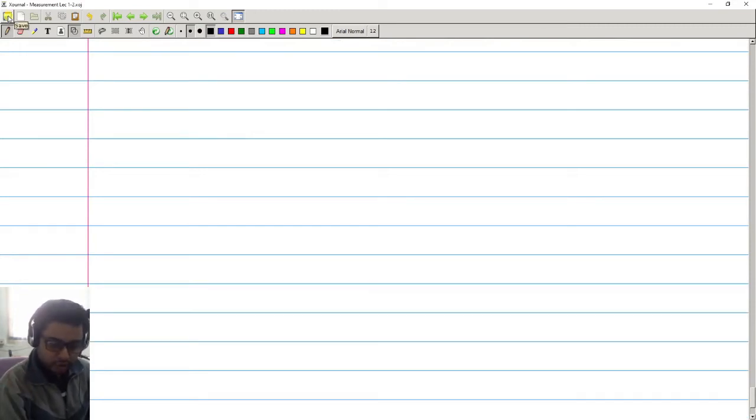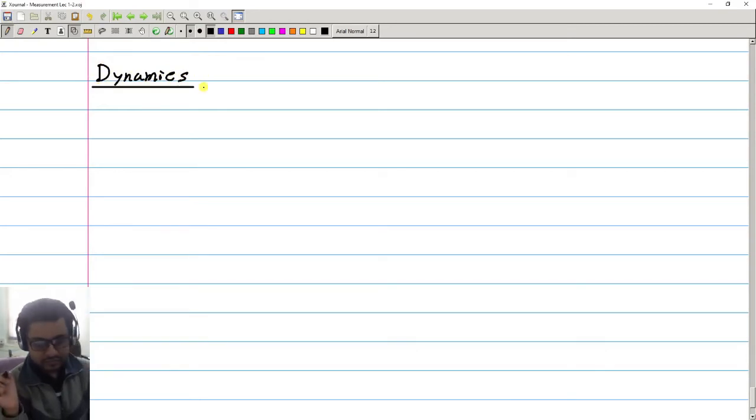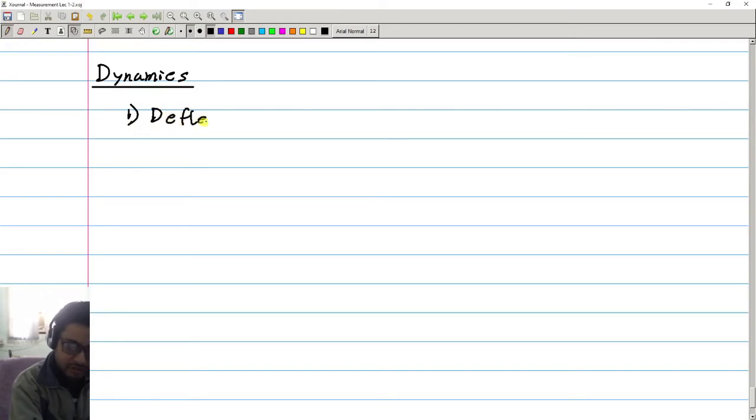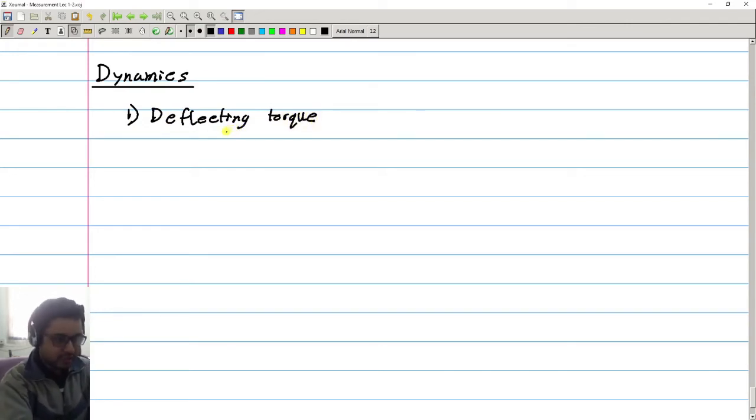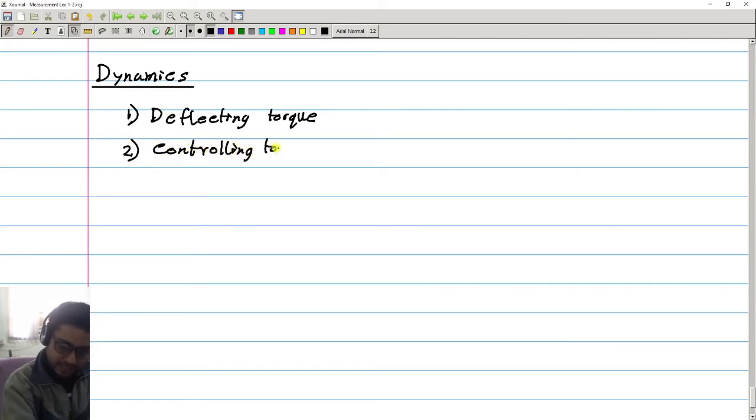Okay, fine. So let us come to the dynamics of these instruments. Next topic. So we have learned about the deflecting torque, this is the torque that tries to move the pointer. We have learned about the controlling torque, spring torque, that tries to oppose the motion.